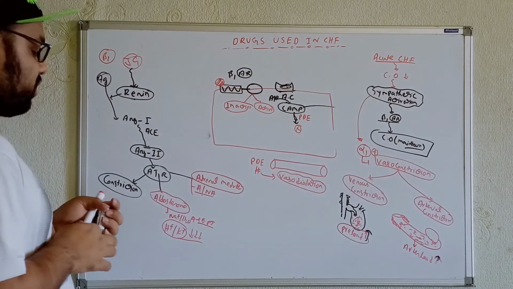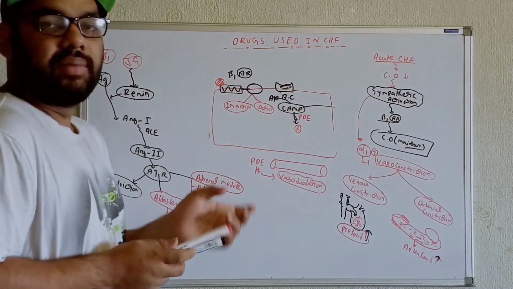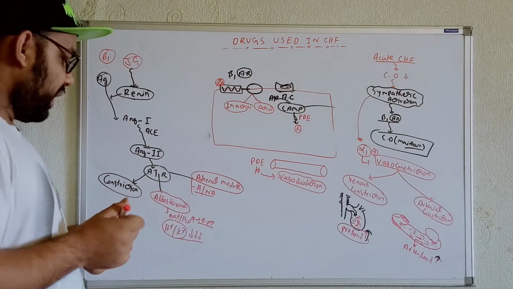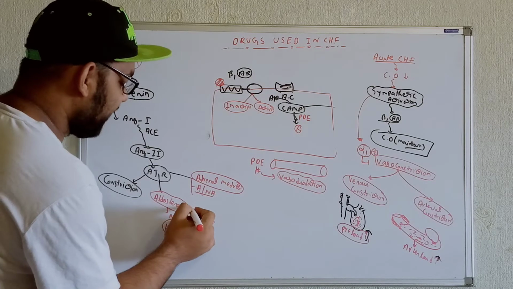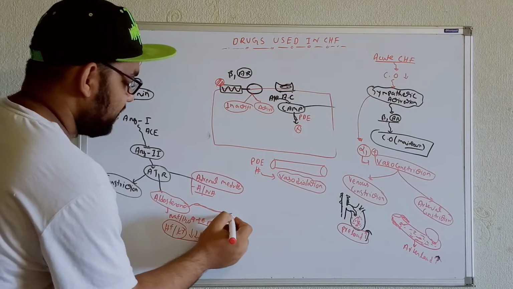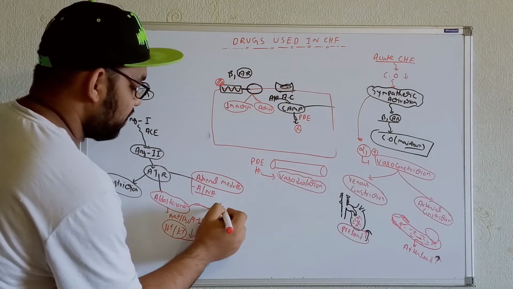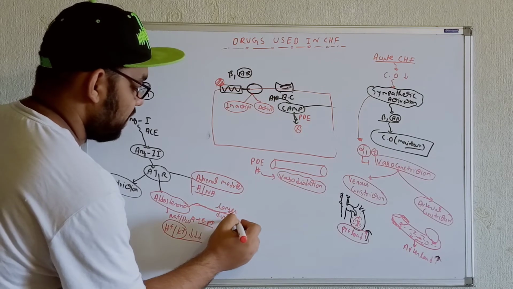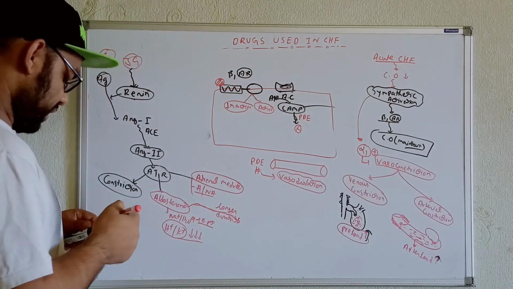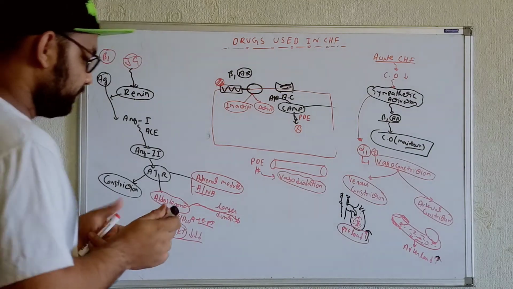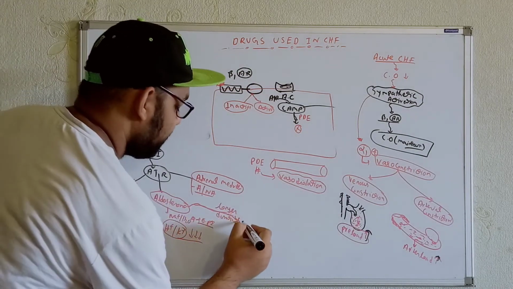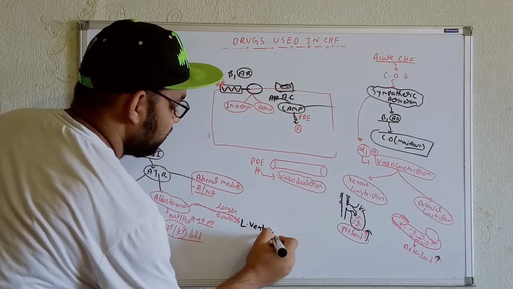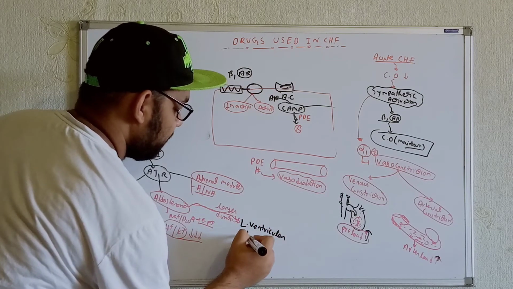Now, normally, whenever aldosterone comes, it works for a short duration. After that, its function is lost. But for any reason, if aldosterone is acting for a longer duration, then the problem we see is that it will lead to the formation of left ventricular hypertrophy.